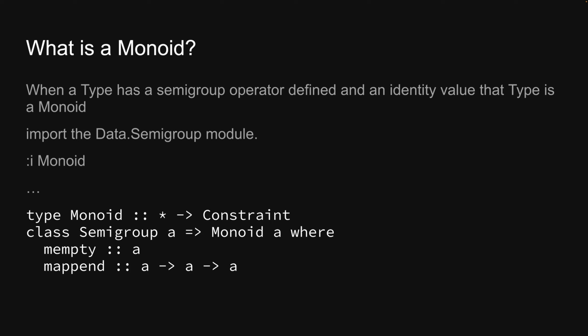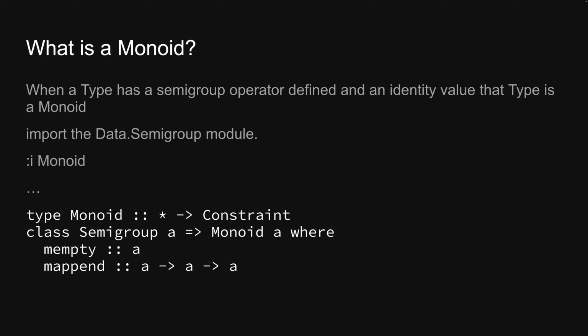It also had a mempty, which was an identity value. The identity value for sum was 0. And the identity value for a list was an empty list, or an empty string, which is the same thing as an empty list, right?